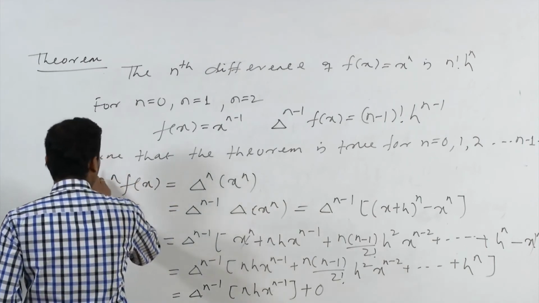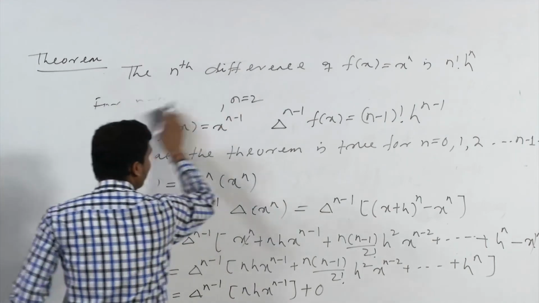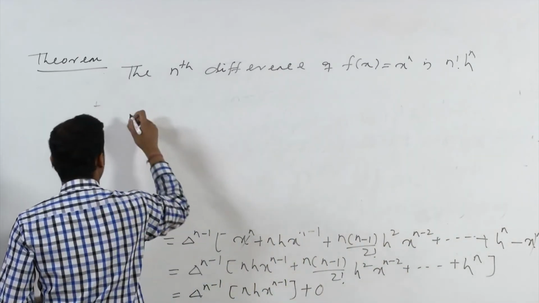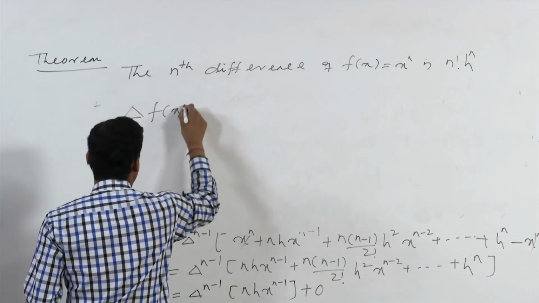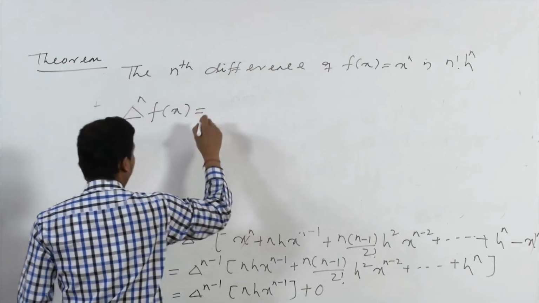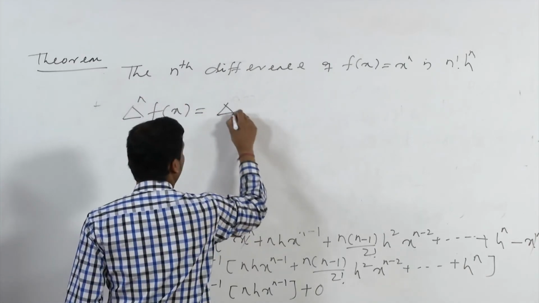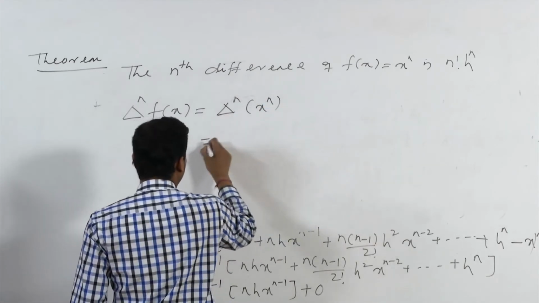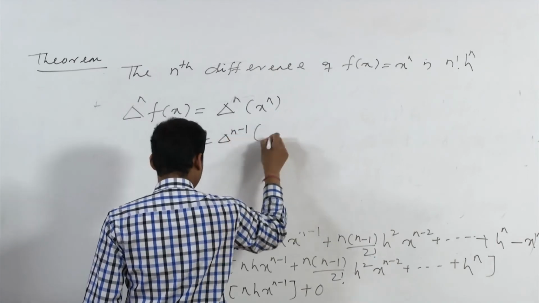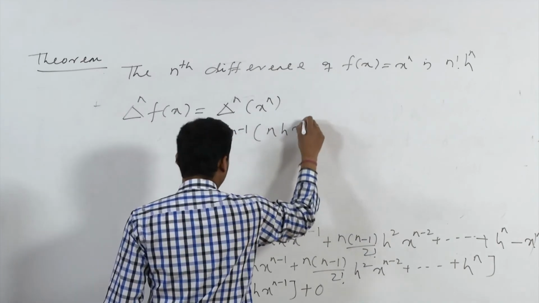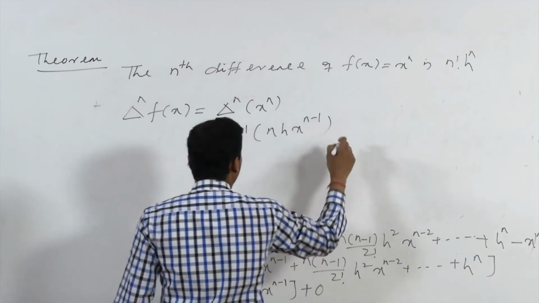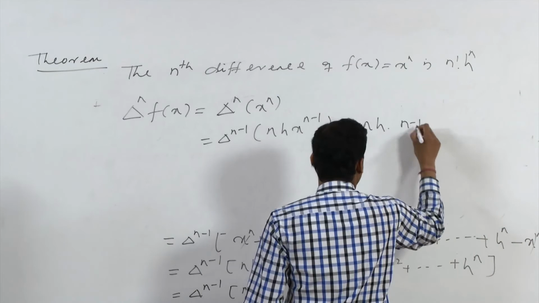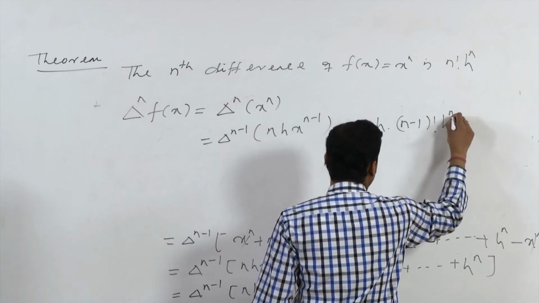So, in the final form, Δ to the power n of f of x, that is Δ to the power n of x to the power n, can be written as Δ to the power n minus 1 of n h x to the power n minus 1, which can be written as n h into n minus 1 factorial h to the power n minus 1.